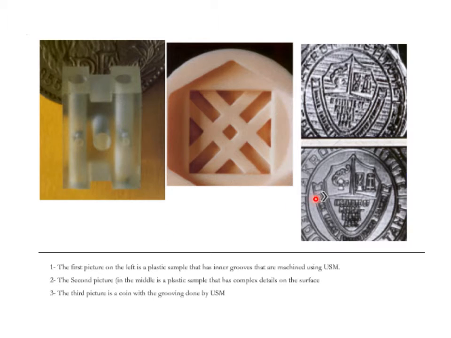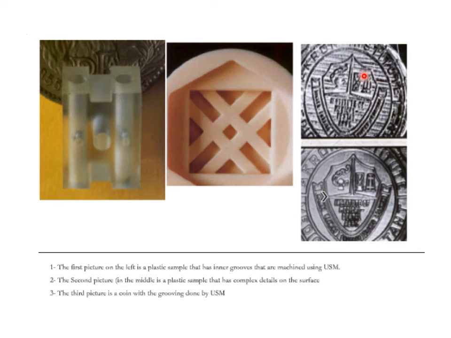Now here you can see the applications. This is a plastic sample that has an inner groove manufactured by ultrasonic machining. There's another plastic sample having this geometry, which has also been manufactured by ultrasonic machining.